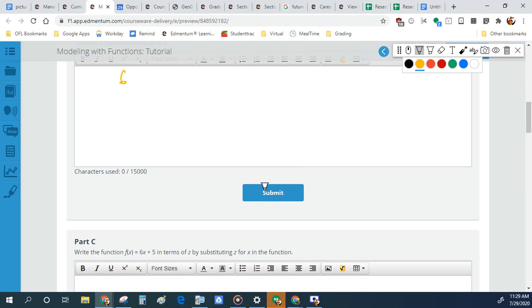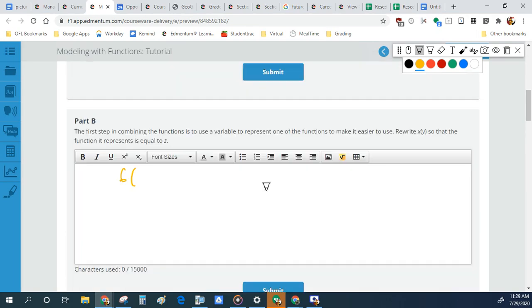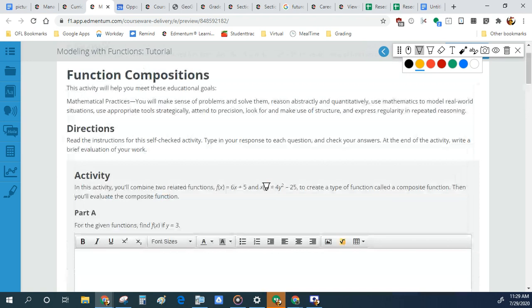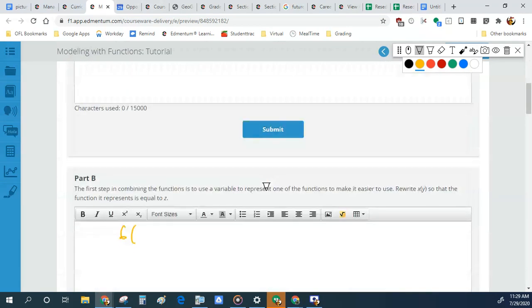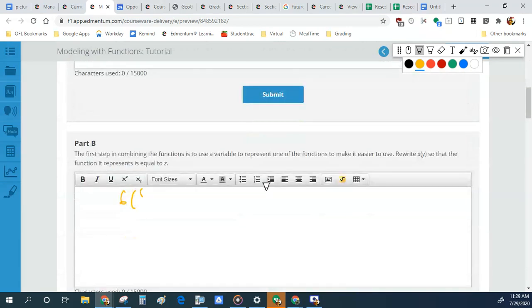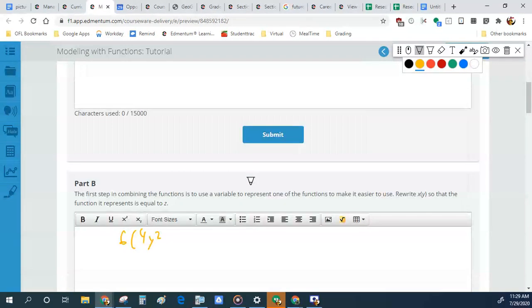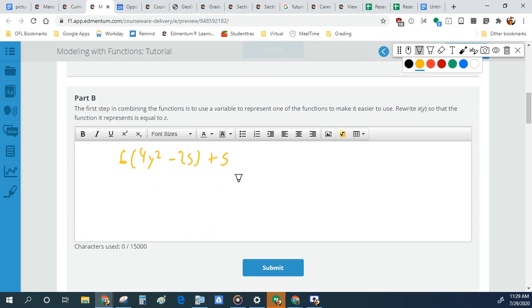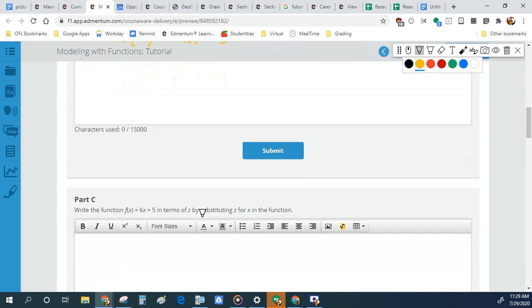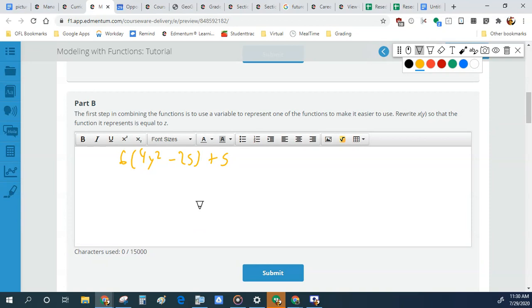So what happened here, guys? I did more work than I had to. They wanted the answer to simply look like this: 6 times 4y squared minus 25 plus 5. That's all they wanted for step B. For step C, that's where they want us to show the extra work.